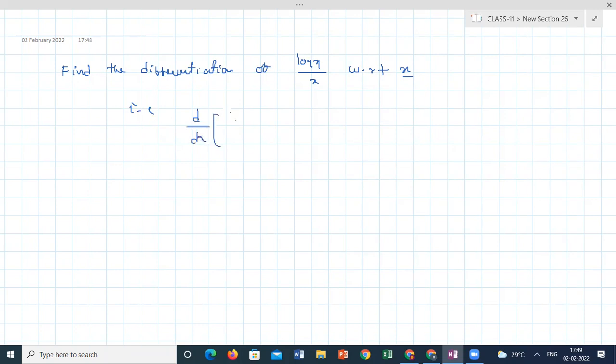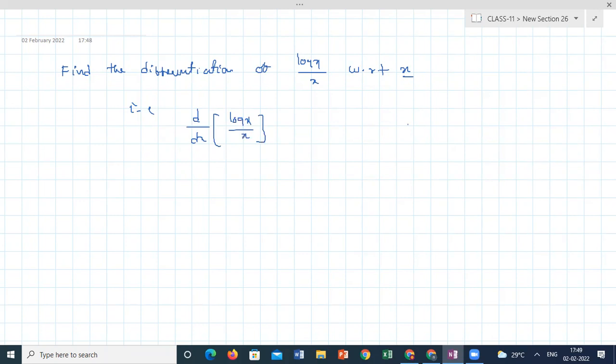Find the differentiation of log x by x with respect to x. That means he is asking us to calculate d by dx of log x by x.